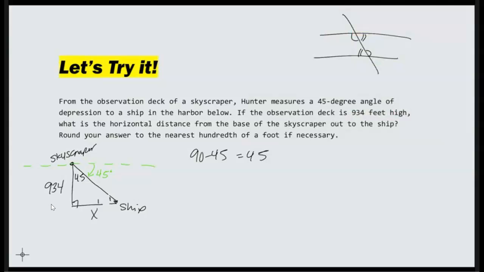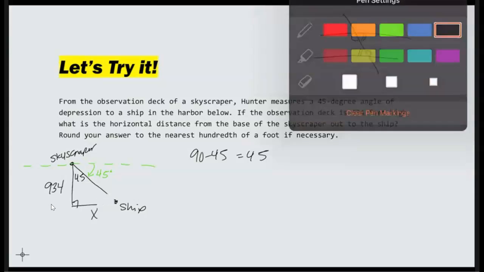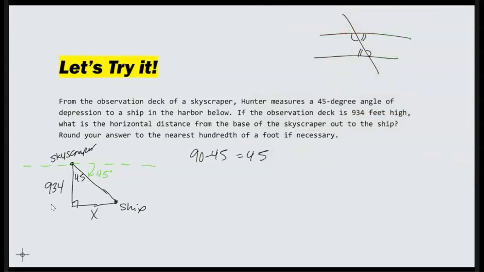Most people get confused with the transitive property, so let's say I'm just going to use that 45 that I found here. Well, in this case, I have an opposite x and adjacent 934. So this is going to be tangent again. Tangent of my 45-degree angle is opposite over adjacent.